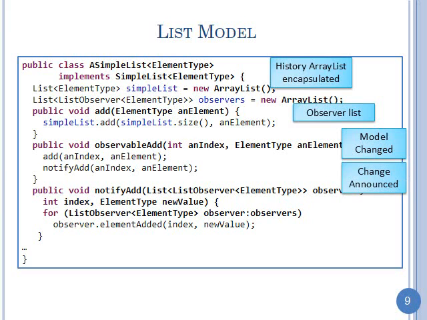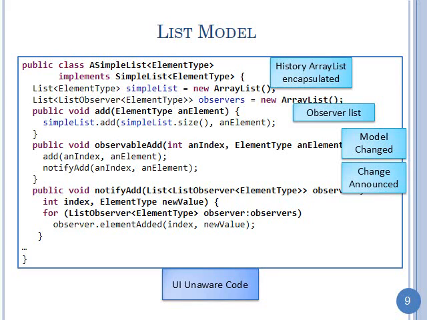Okay, it does the regular add and then it notifies. And what do notifications do? They just go to the list of observers and tell them something interesting happened. So they just call this element added method in the observer. Okay, so this is again nothing complicated, something we do in 401.